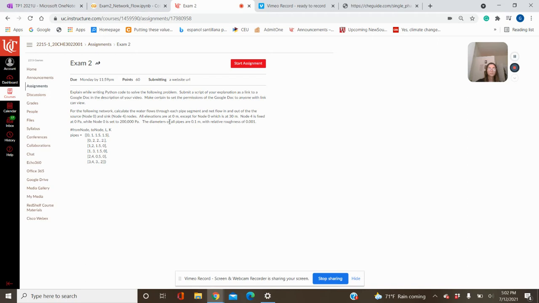Then we know all elevations are at 0 meters, except for node 0, which is at 30 meters elevation. Node 4 is fixed at 0 Pascal for pressure. Node 0 is set to 200,000 Pascals pressure.